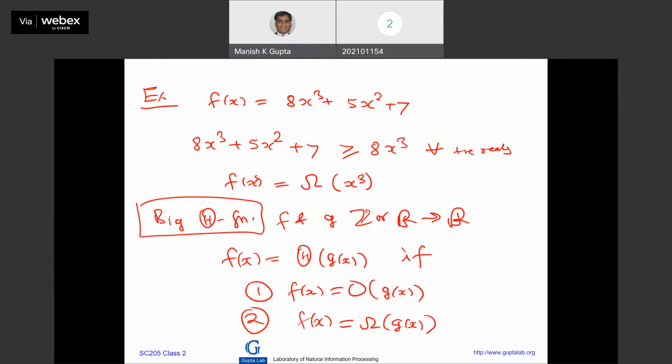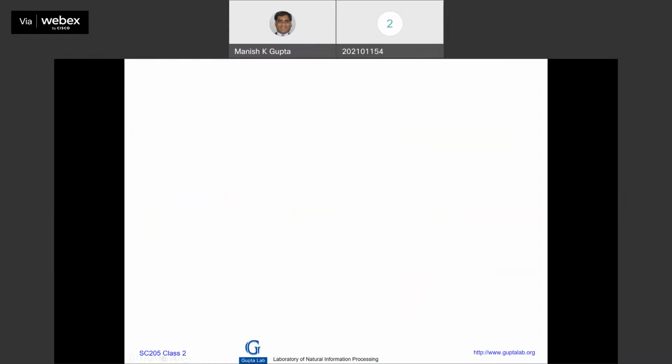And third, f of x is big theta of g of x if it is bounded on both sides. So there exist constants c1, c2 such that f of x is lower bounded by c1 times something and upper bounded by c2 times something. I can write it like this, these two combinations.